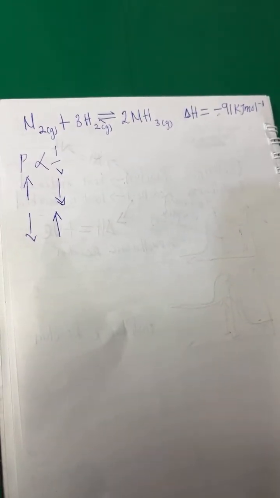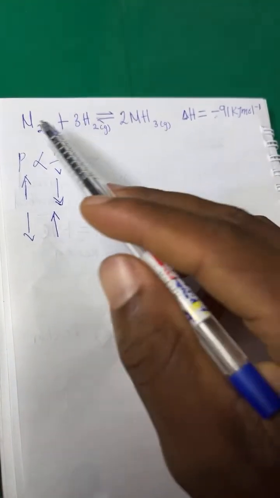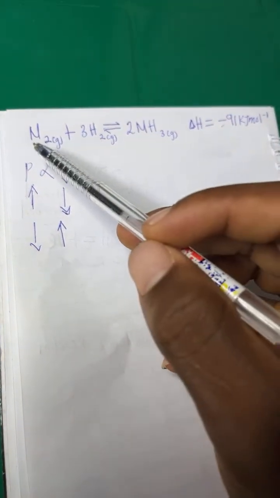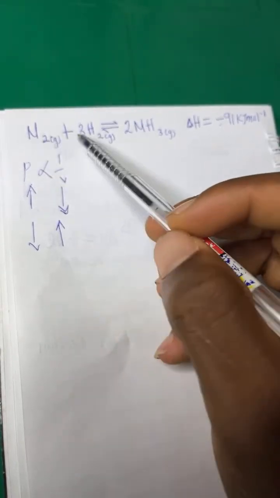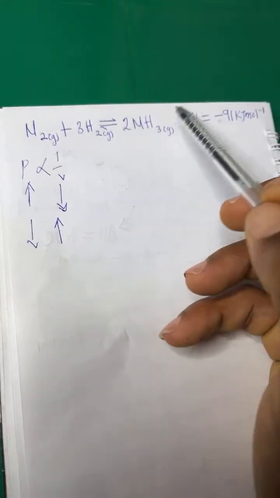So in this reaction now, the first thing you need to know is that this is the forward reaction and this is the backward reaction. What is the total number of moles that we have at the reactant side going towards the forward reaction?